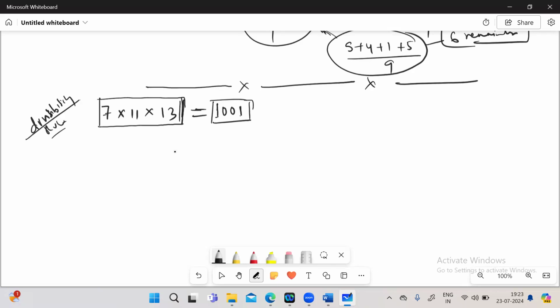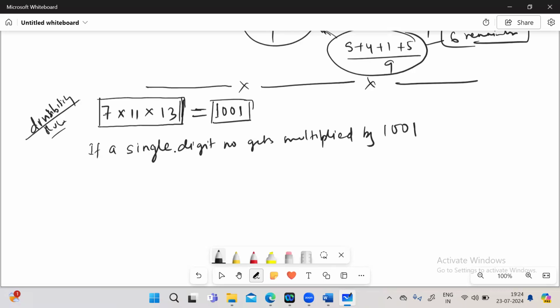Now finding a multiple of 1001 is very easy. Like any single digit number, if a single digit number gets multiplied by 1001, what will we get?